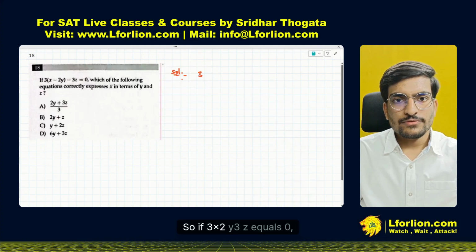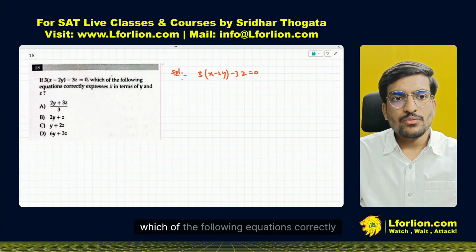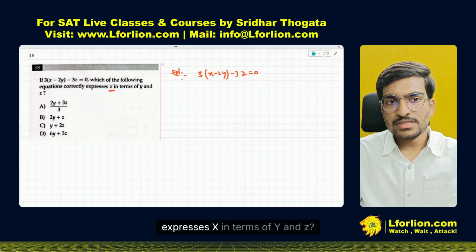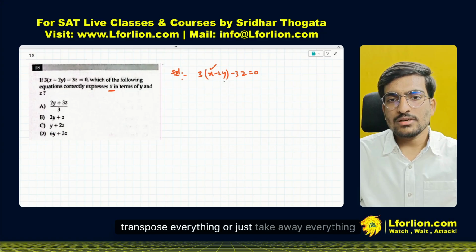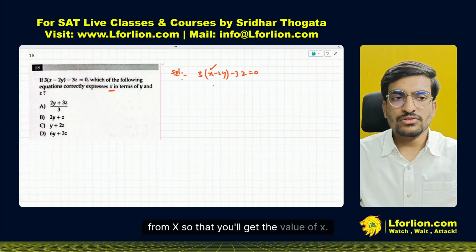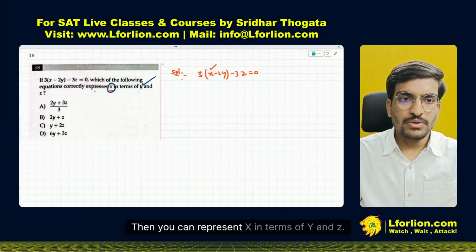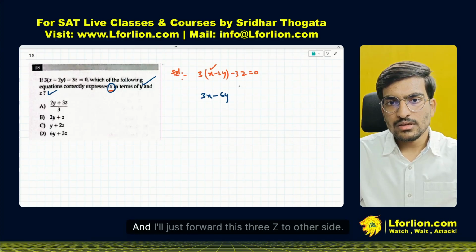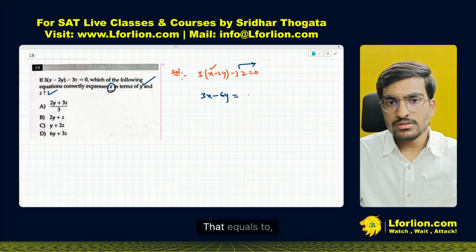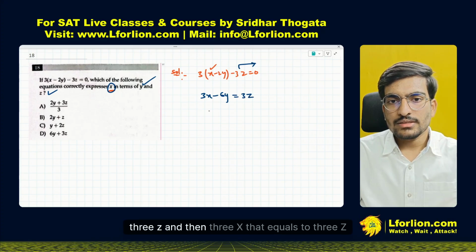If 3x minus 2y minus 3z equals 0, which of the following equations correctly expresses x in terms of y and z? So we have to isolate x. How can we do that? Just transpose everything else away from x so that you get the value of x, then you can represent x in terms of y and z. So 3x minus 6y, and I'll move the 3z to the other side, 3x equals 3z plus 6y.